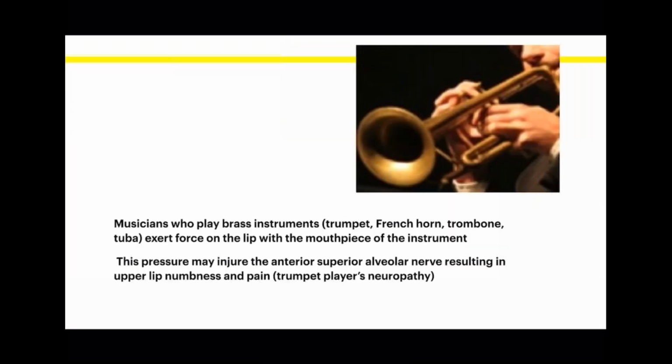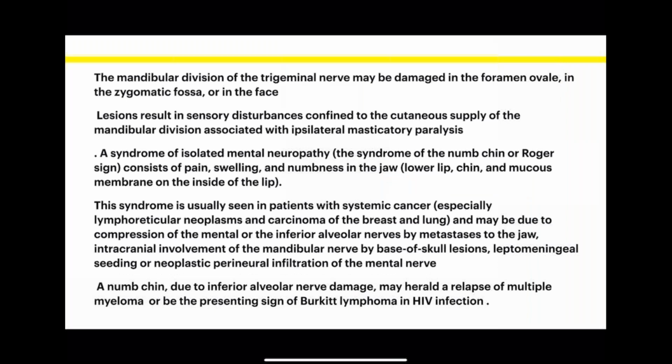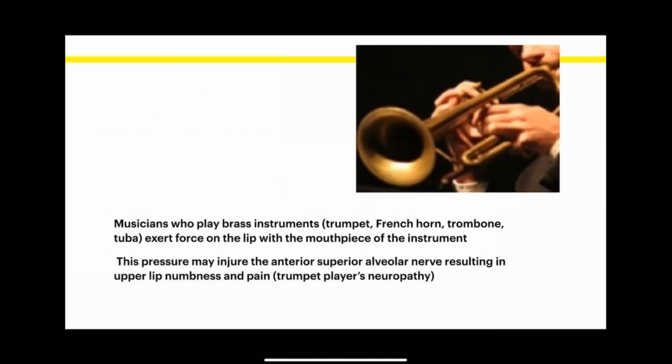There is also another cause: in musicians who play brass instruments, the continuous pressure can cause injury to the anterior superior alveolar nerve, resulting in upper lip numbness and pain. I remember I got a consultation before from Heart Hospital for a patient with only upper lip numbness.